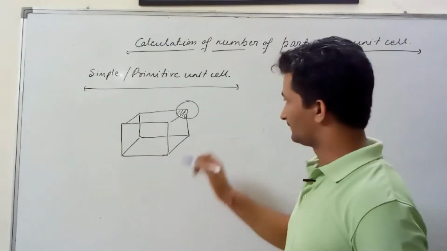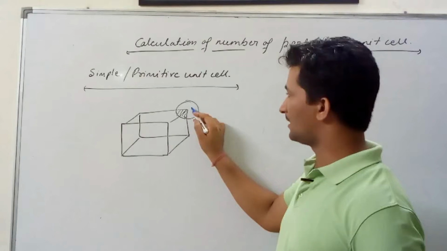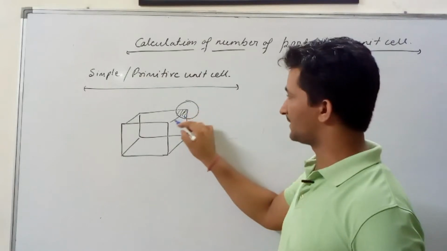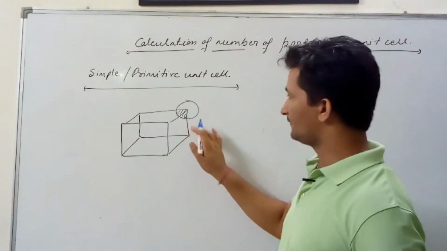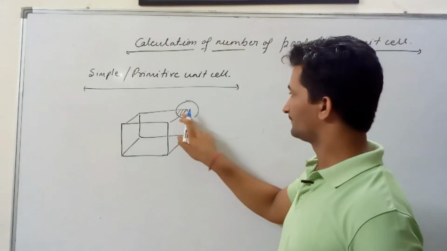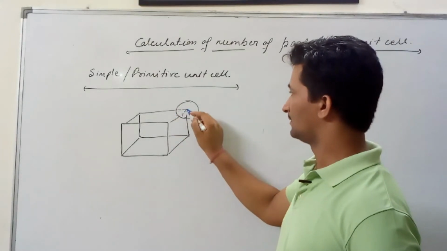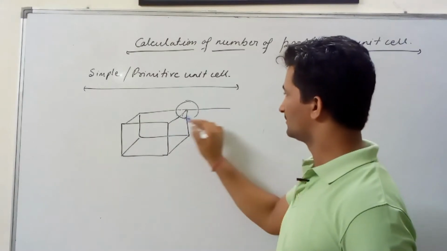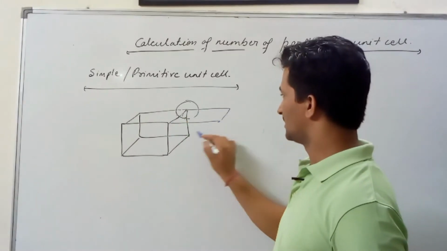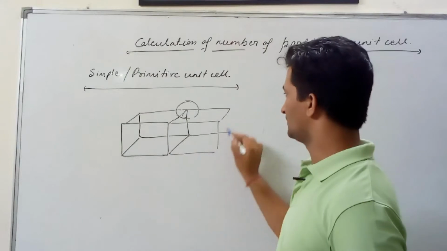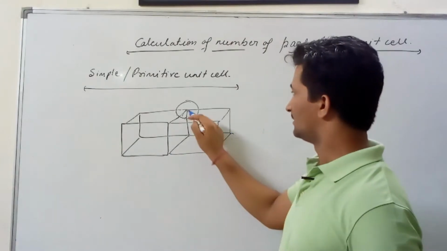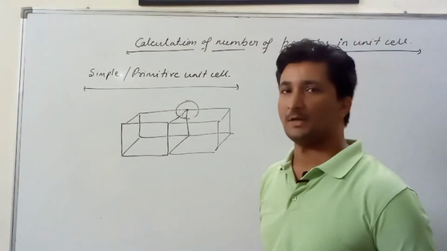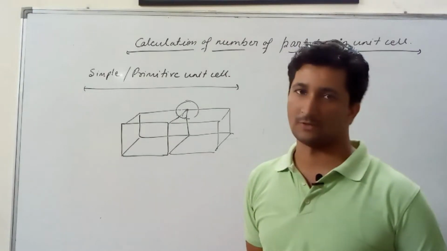To find out how much portion of this sphere is present inside this unit cell, we have to see how many unit cells can be made by using this corner as one of the lattice points.